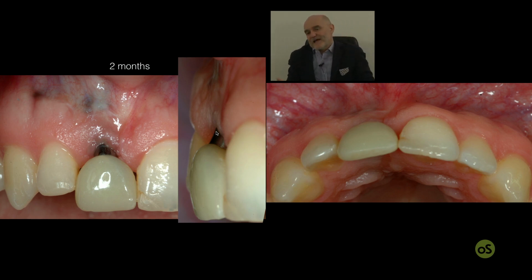And so at a certain time, when you see that the connective tissue is very dense, very mature, and there is no change between the previous control you have done 15 days or 1 month before, everything remained almost the same from a clinical point of view, this is the time to schedule your surgical procedure.